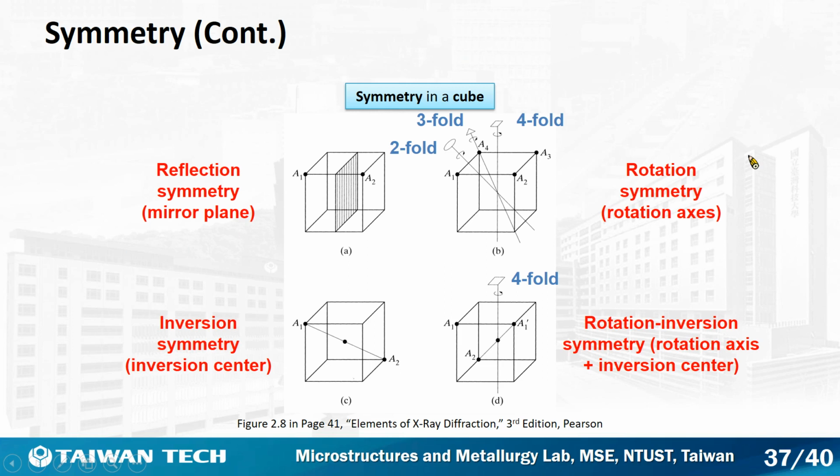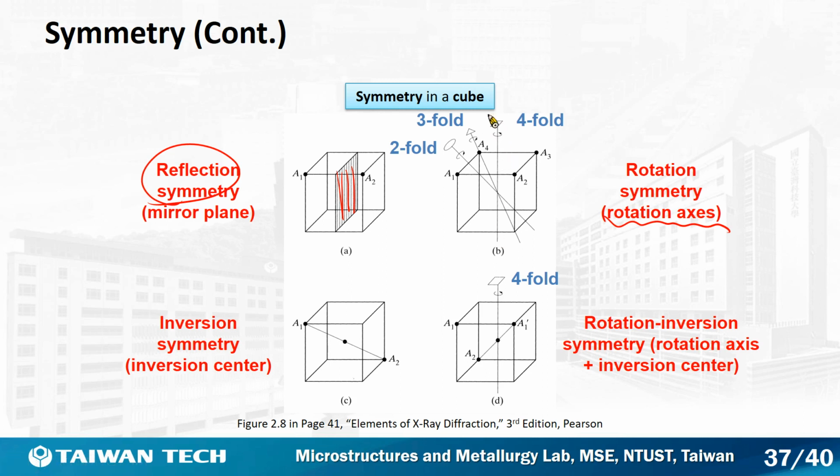Okay, let's see the cube. We know that cubic, one of the 7 crystal systems, has a very high degree of symmetry. For example, it shows reflection symmetry. We have a mirror plane here. So across this mirror plane, it shows symmetry. And also rotation symmetry. We will have a rotation axis.